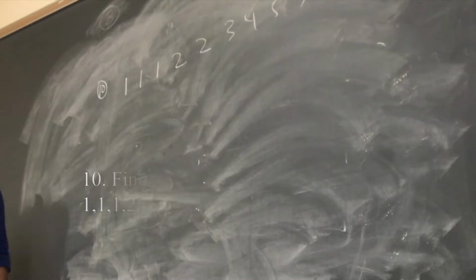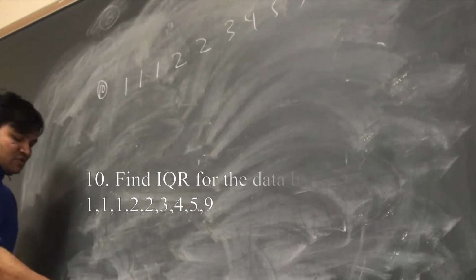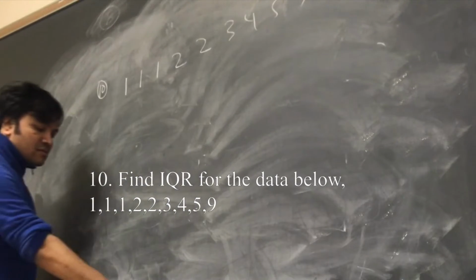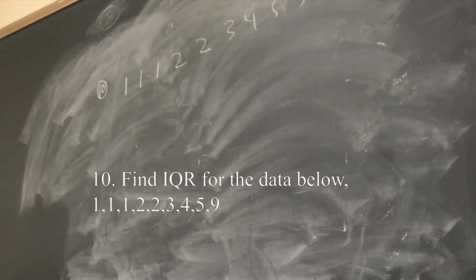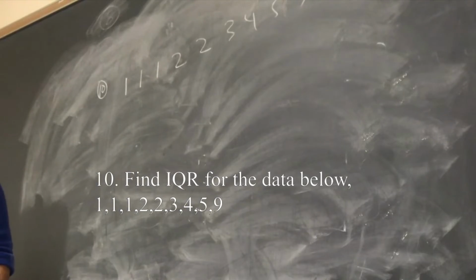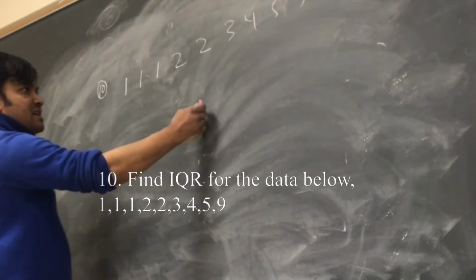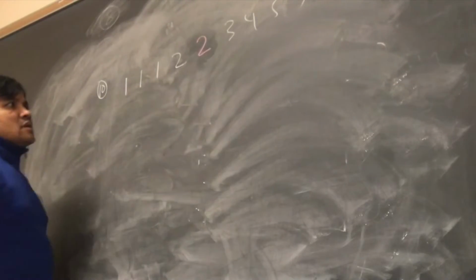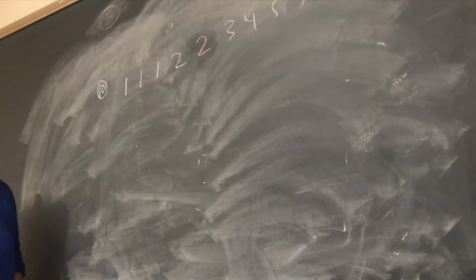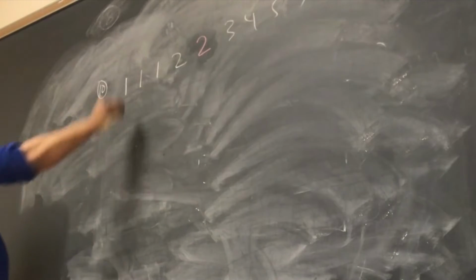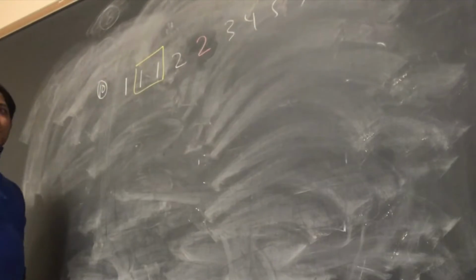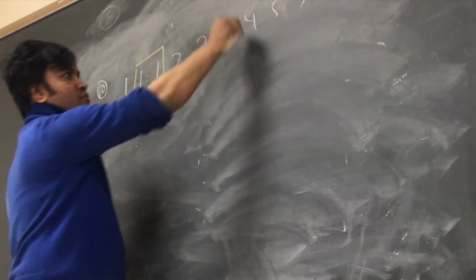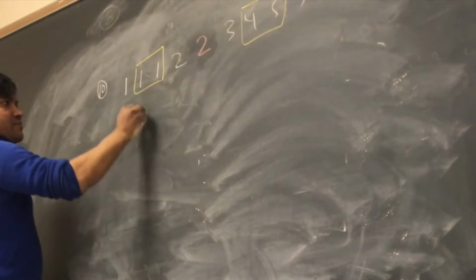Which number should I color? What number should I make yellow or red? You have 4, 5, 2. So find Q1. No, give me the median. 2. Oh, it's 2. Okay. So what is our Q1? This is my Q1. What is my Q3? This is my Q3.